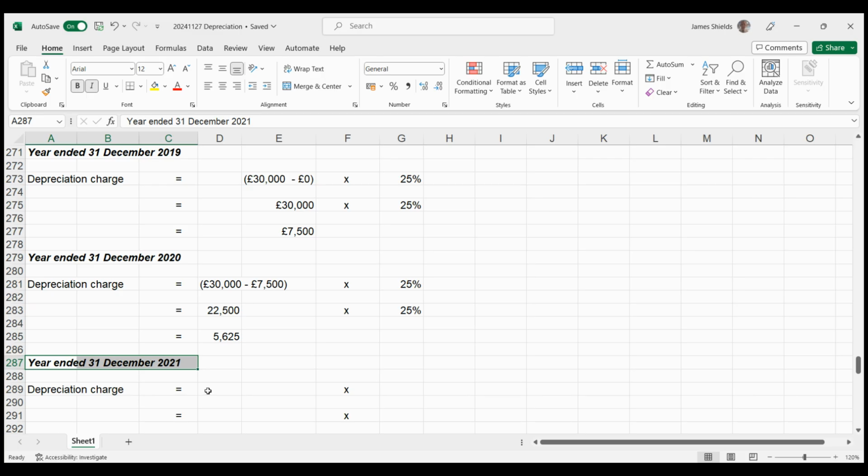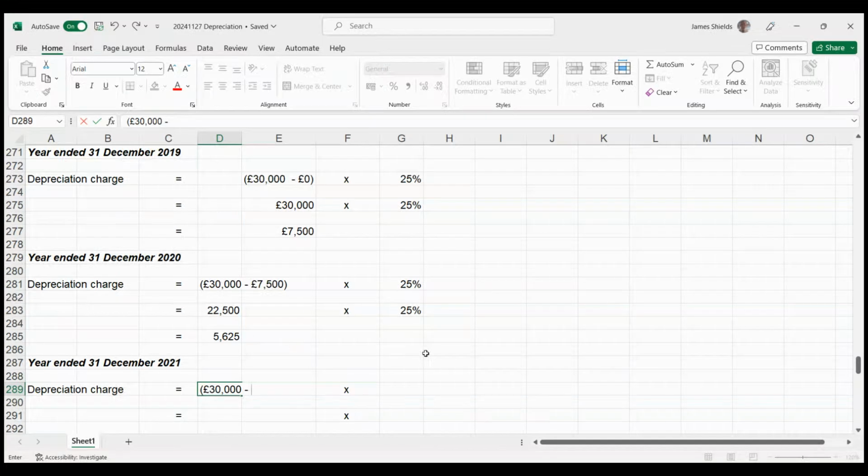Now the year ended the 31st December 2021. Again, for the depreciation charge, we start off with the original cost, which was £30,000, take away our accumulated depreciation. The accumulated depreciation is the depreciation for December 2019, 7,500, plus the depreciation for December 2020, which is 5,625.